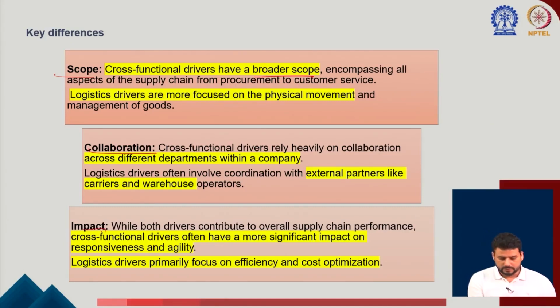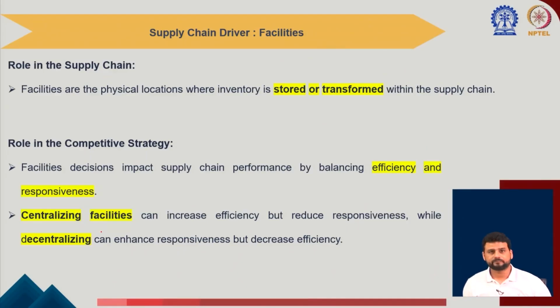As for impact, cross-functional drivers have a more significant impact on responsiveness and agility: how quickly you are sharing information, how quickly you are responding to market trends, how quickly you are changing the pricing policies, how quickly you are responding to Big Billion Days, or your customers are responding to Big Billion Days, right? So that will help. Logistics drivers primarily focus on efficiency and cost optimization.